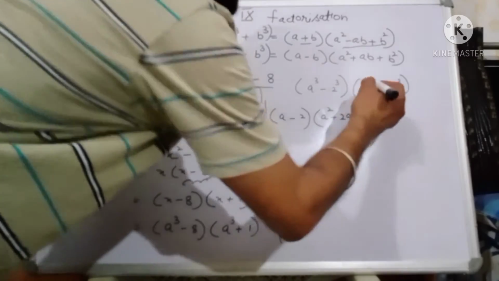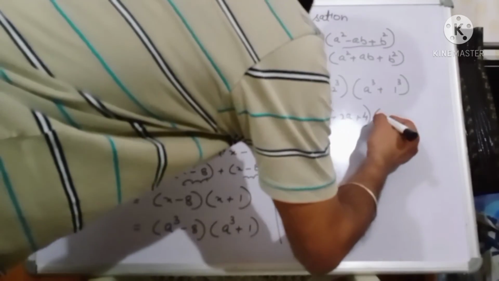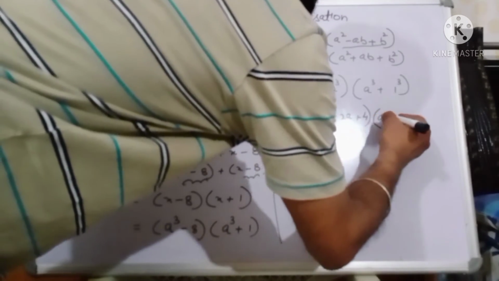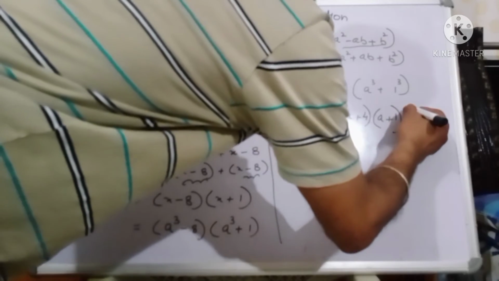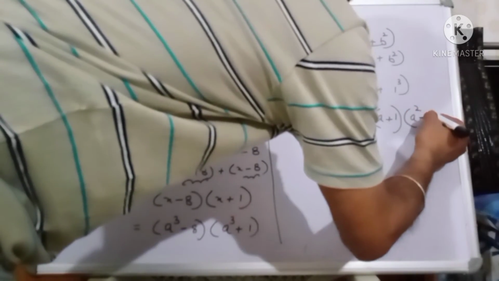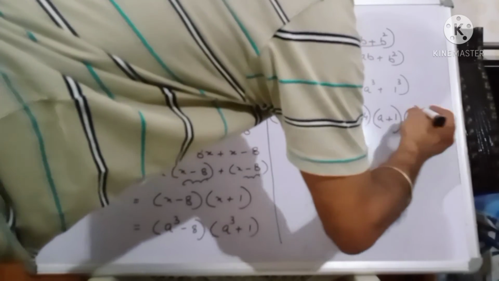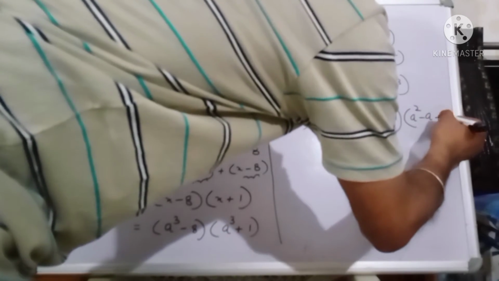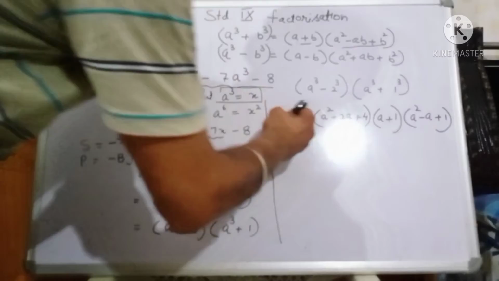Again in the same way, a cube plus b cube is a plus b into a square minus ab, minus a into 1, minus a plus b square, 1 the square, 1. So these are the factors.